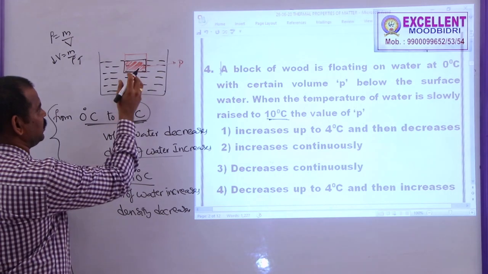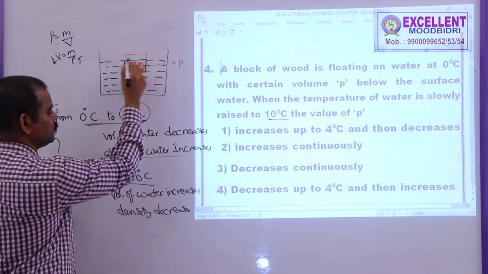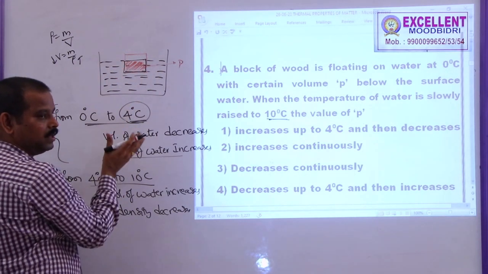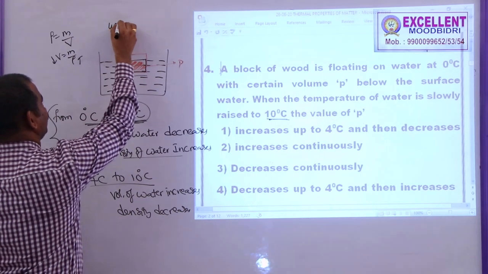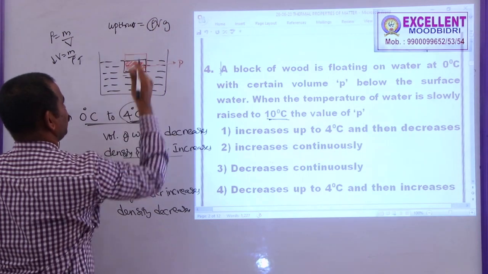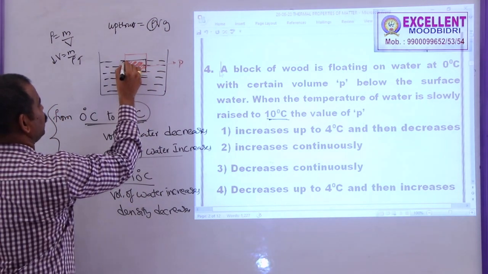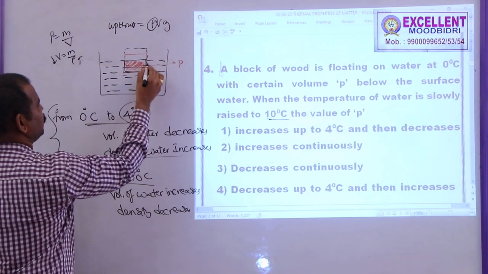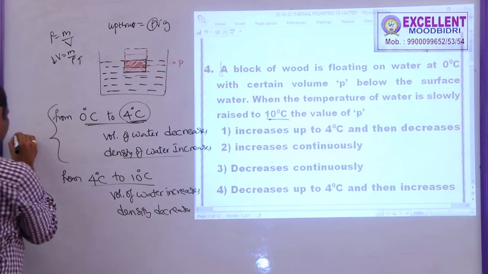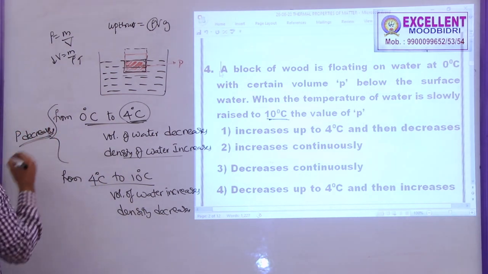When the density increases, the level of this one, that means P, changes. As the density increases, we know that upward thrust is given by rho Vg, that is density of water. As density increases, upthrust will increase, so this block will go up. That means P value will reduce. So P decreases in this case from 0 to 4 degrees.